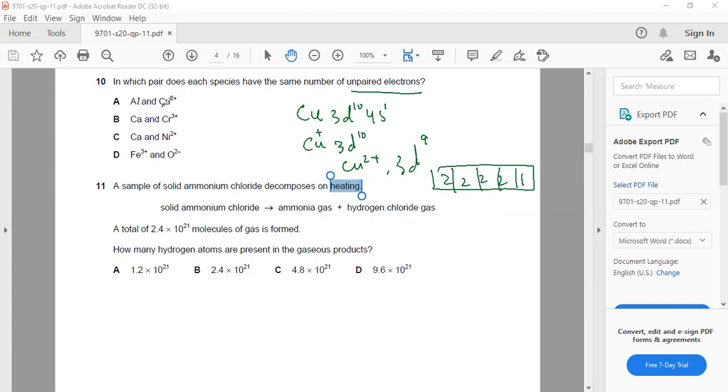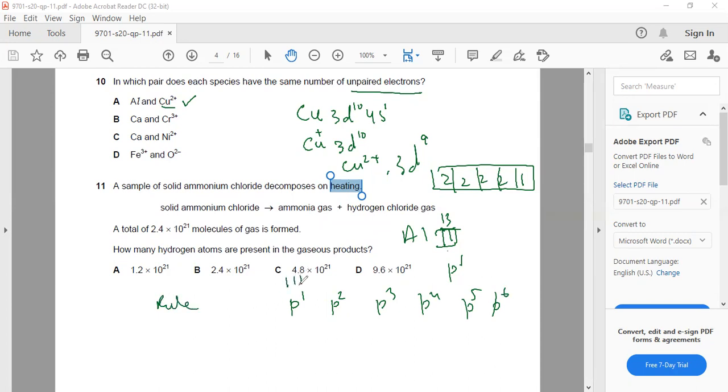So copper 2+ has an unpaired electron, and aluminum also has. Aluminum is in group 3, if it were the old group, but now it's 13. So it's p1. You remember p1, p2, p3, p4, p5, p6. This is a rule you can remember in atomic structure.